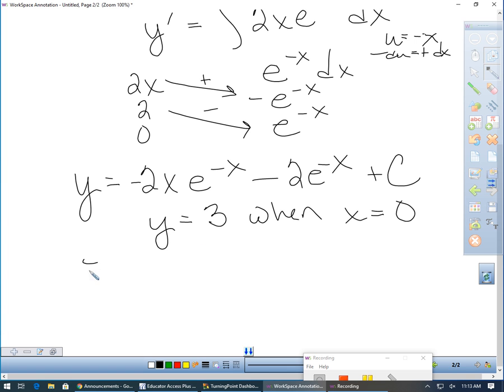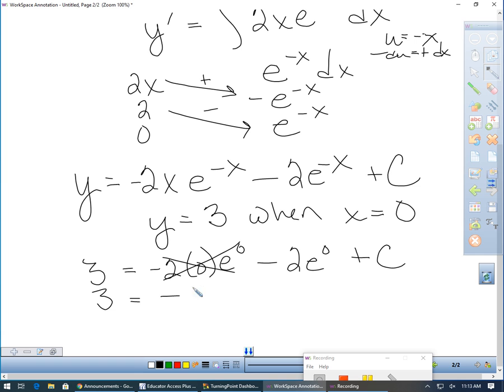So 3 equals negative 2 times 0 e to the 0 minus 2 e to the 0 plus c. This one all equals 0. I'm just going to cross that out. Negative 2 e to the 0 equals what? Negative 2 plus c. Adding 2 to the other side, we get 5 equals c.